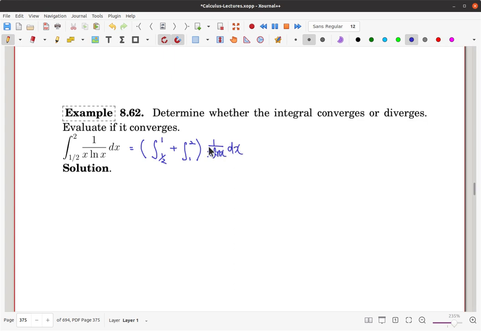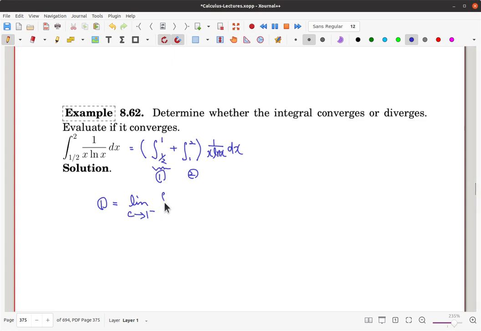Now let's consider it part by part. First we consider part 1, then part 2. For part 1, that is the same as here. At 1, the value will become 0 on the bottom, so we have to consider this as a limit, where c is approaching 1, of course, from the left-hand side.